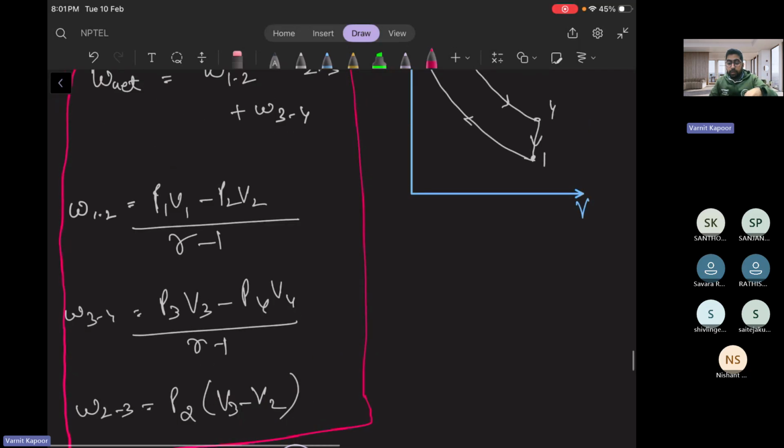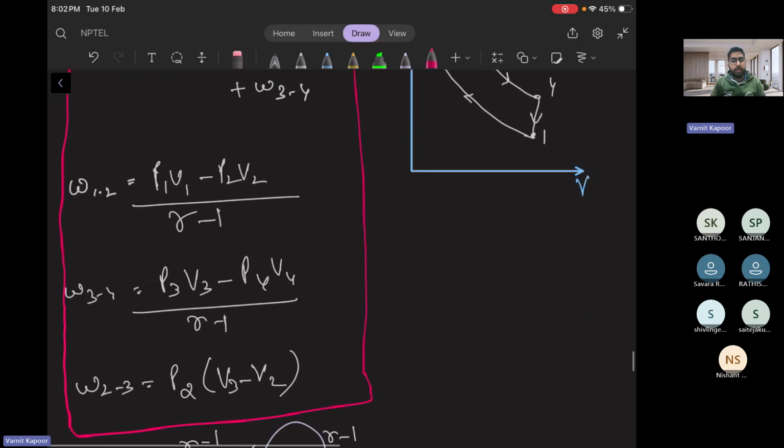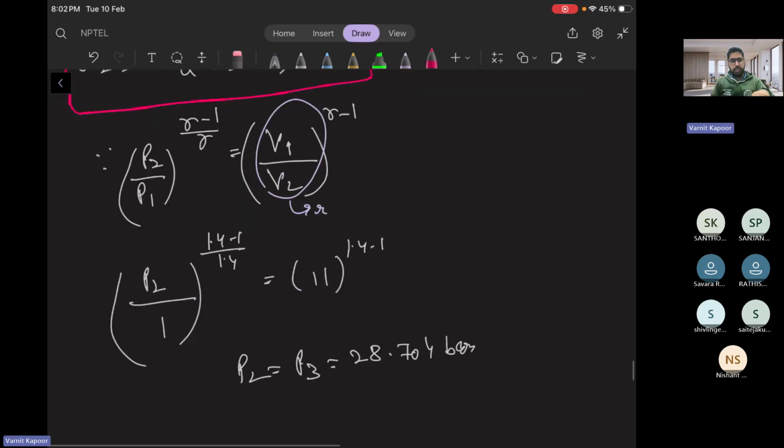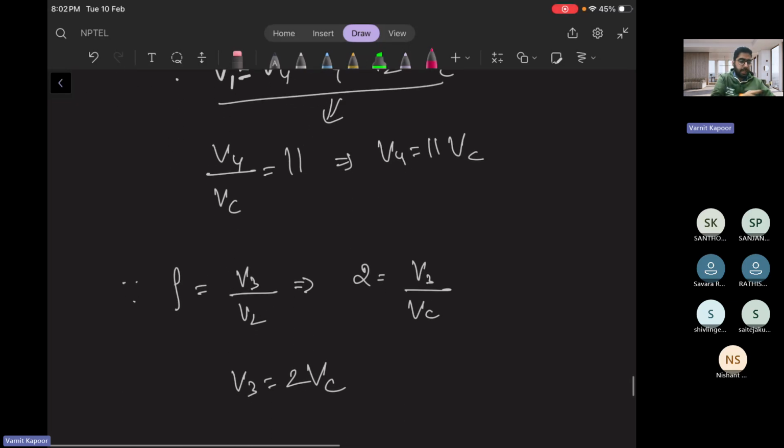If someone asks what is the work done by compression, from 1 to 2, or the work done in heat addition at constant pressure, that will be 2 to 3, or expansion 3 to 4 individually, you need to have all these values: P2, P3, V1, V2, V3. Now you have all the values, you can put them in and get the work done for each and every process. You know the net work done, but you don't know the work done for each process.